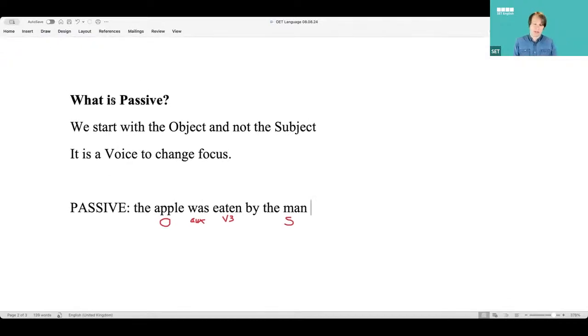I know some of you already know this, but we're going slowly because passive is not easy. Passive is very difficult. So we need to start simply and then move slowly to more complicated things. Does anyone have any questions so far?